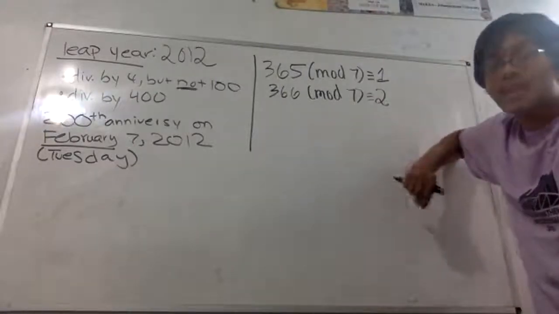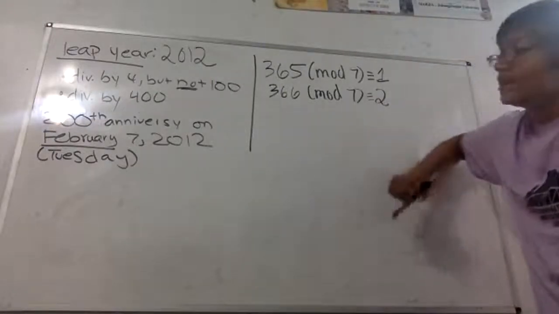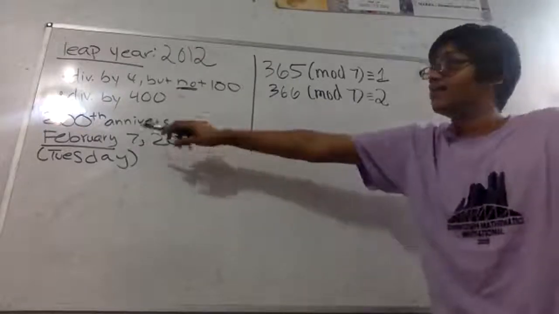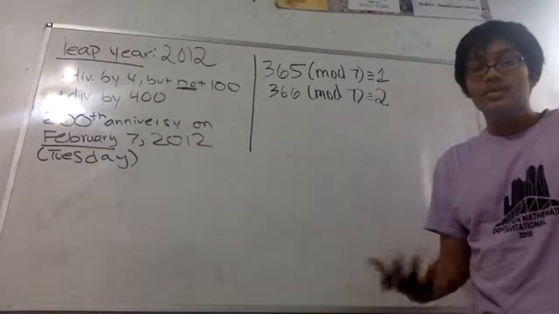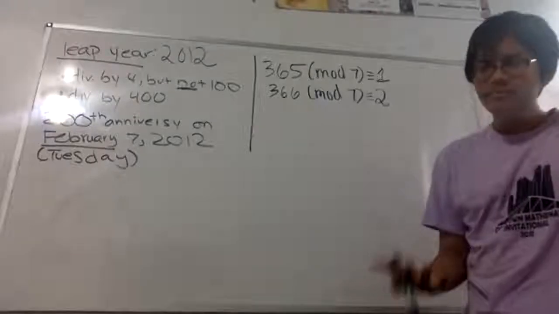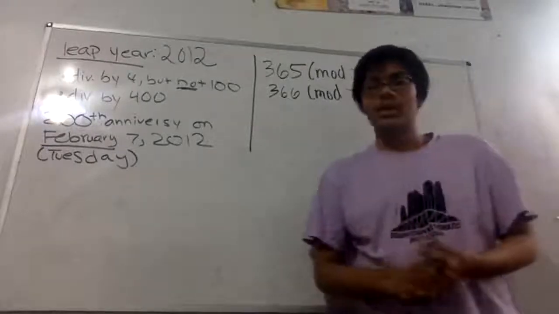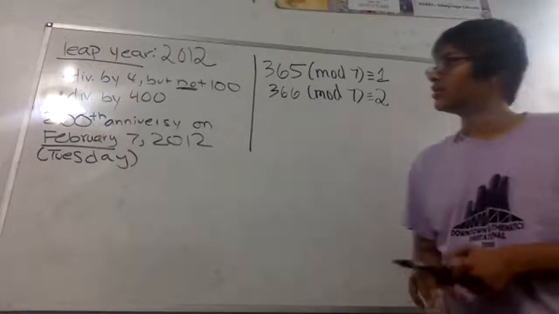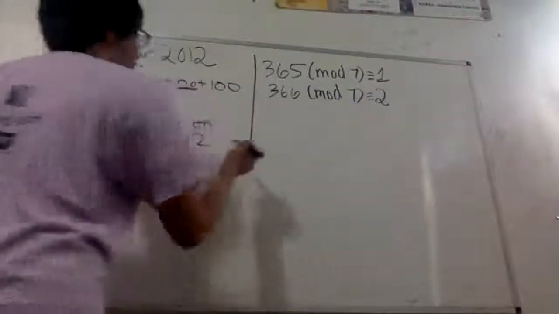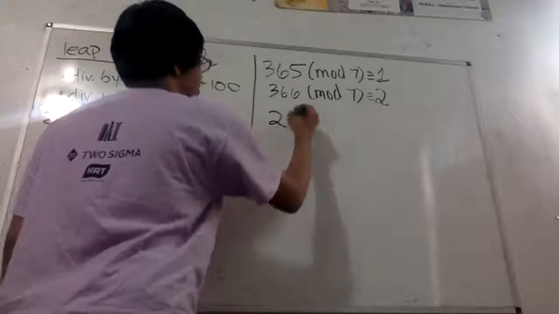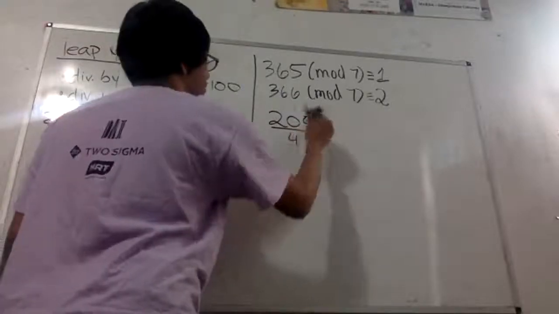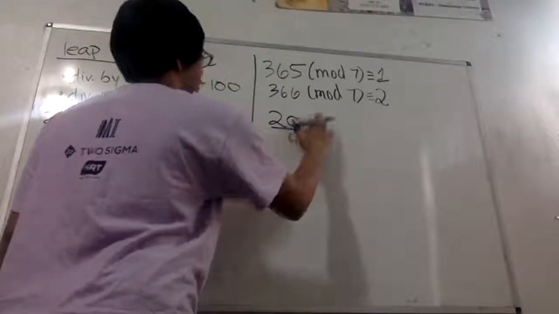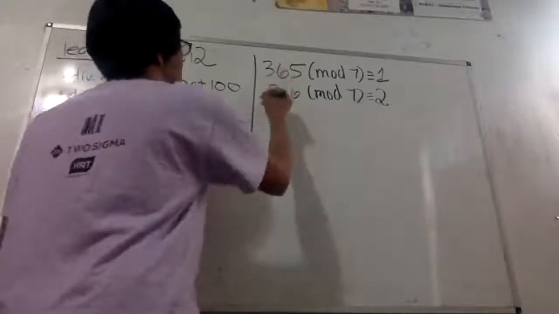So now we have to find how many leap years and normal years there are between 2012 and 200 years ago. So a leap year occurs every 4 years, right?